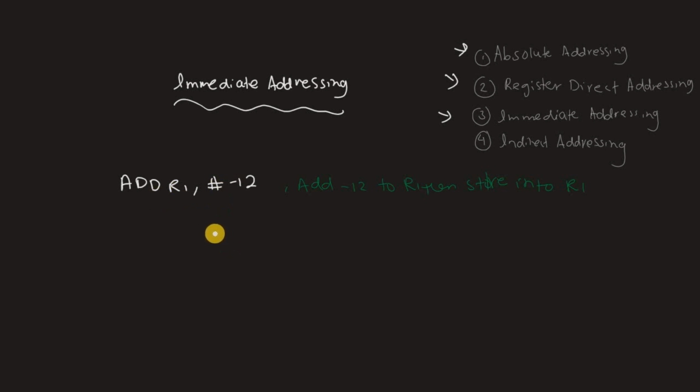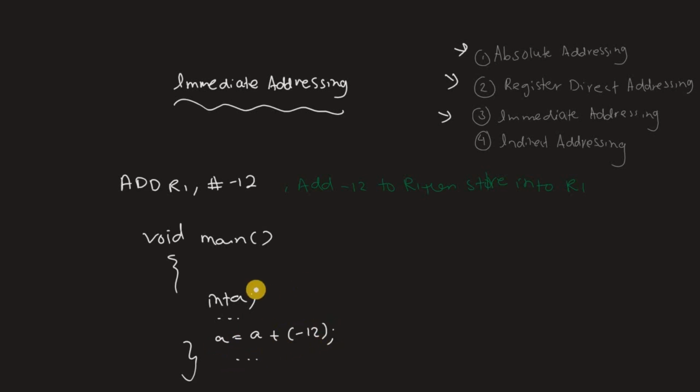If you don't understand when I said immediate addressing is used when an operation has a constant, you can have a code given over here. For example, we have int a, k, and then we have a equals a plus -12.